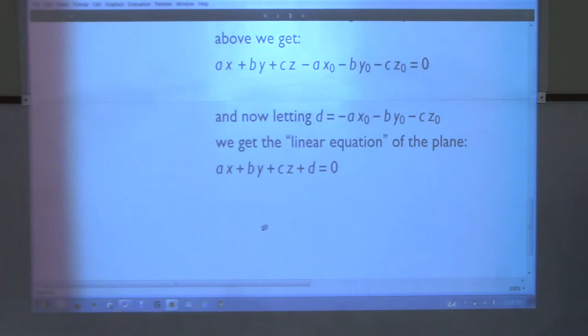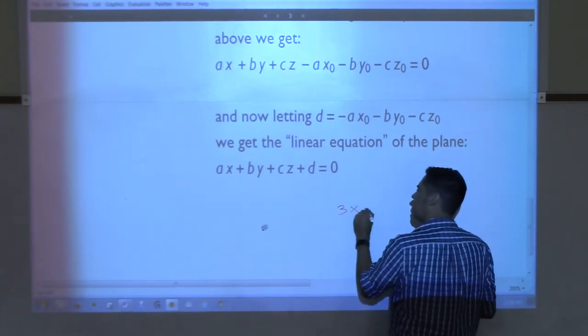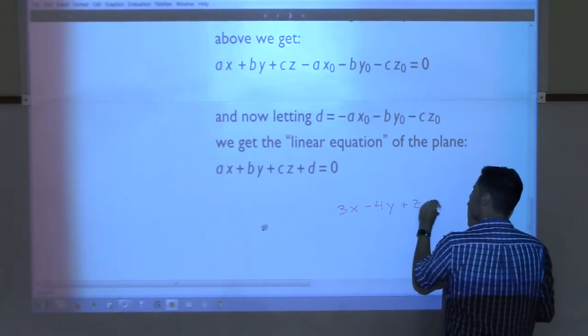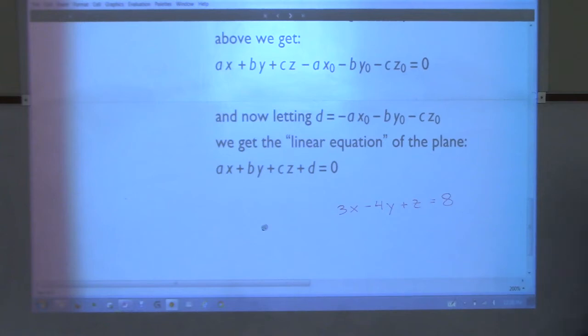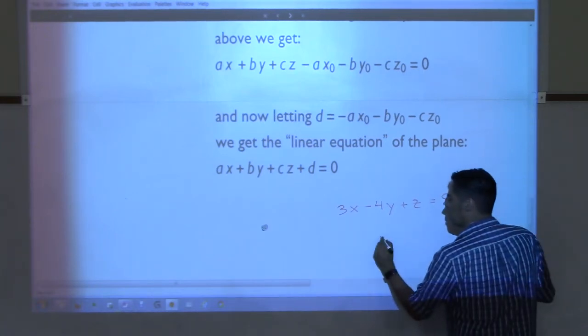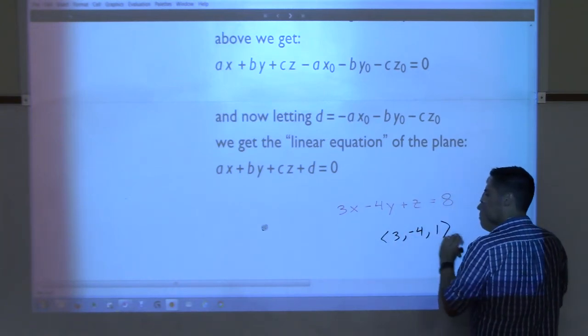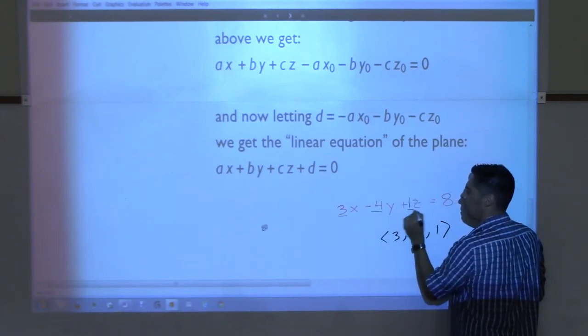So you may not have realized this when you were studying equations of planes, but if we take something like 3x minus 4y plus z equals 8, there's the equation of a plane, right? If you look at this vector, 3, negative 4, 1, I'm pulling off the coefficients on the x, y, and z respectively.